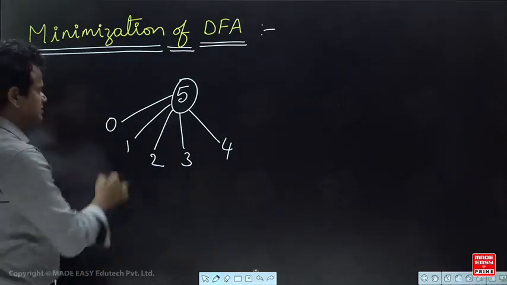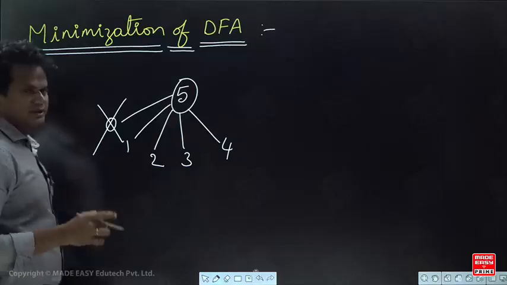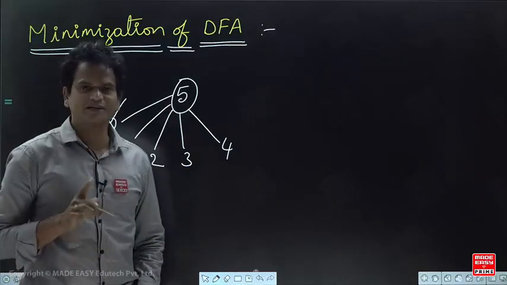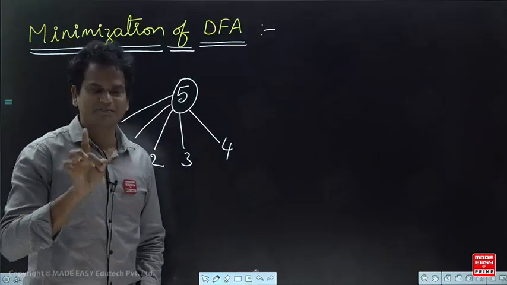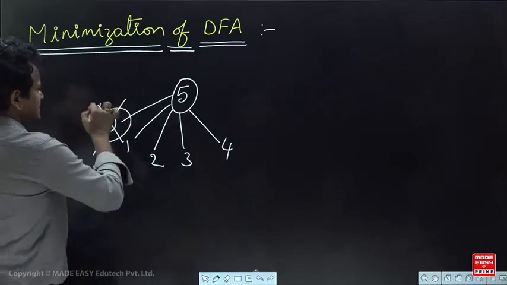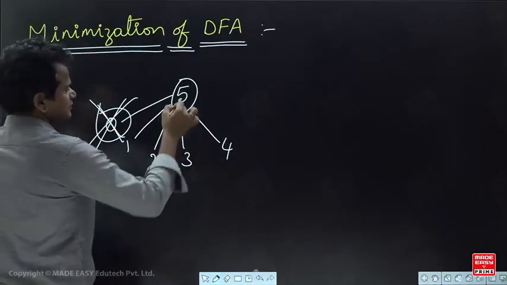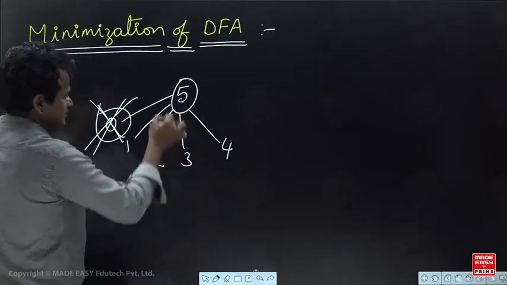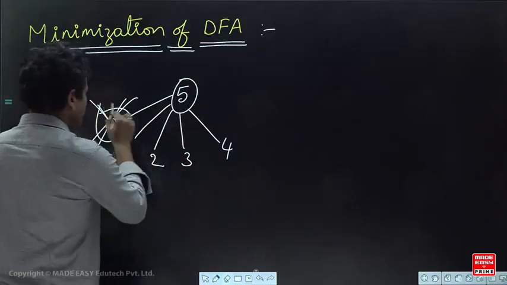How is 0 possible? What is the concept here? Minimize, but don't vanish. So completely don't delete. So 0 states is never possible. So we may reduce to 4, we may reduce to 3, we may reduce to 2, we may reduce to 1.